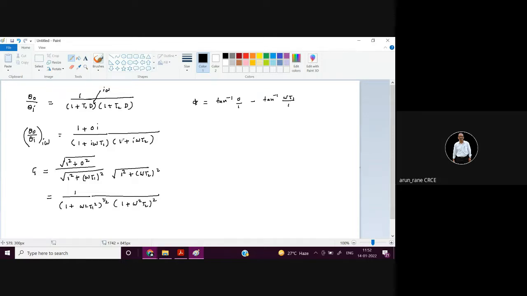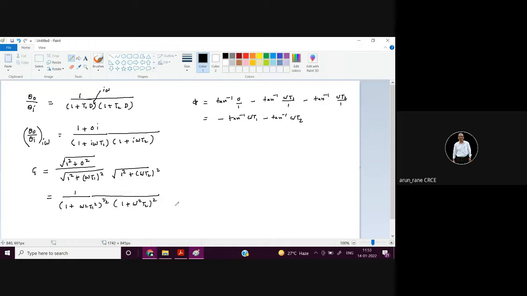And again, this is also in the denominator, so this will also be minus tan inverse of omega T2 upon 1. So tan inverse of 0 is 0, so this will be minus tan inverse of omega T1 minus tan inverse of omega T2. This is your phase angle.